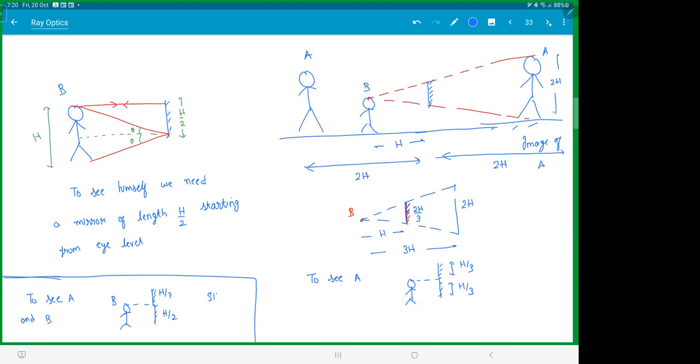So the answer is 5h by 6. Please check. If it is h by 2 below your eye level, that will cover h by 3 also. The problem with seeing yourself is there's no mirror above your eye level, and without a mirror above your eye level, you can't see A properly. So you have to take a common of both the mirrors. So the mirror's orientation starts mattering here.